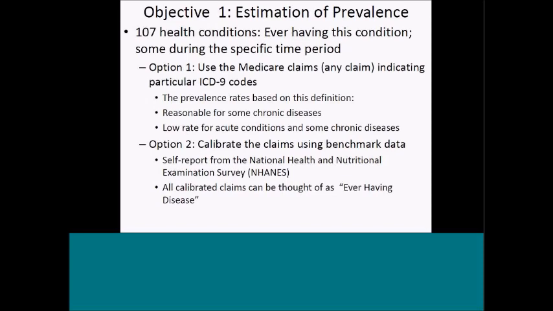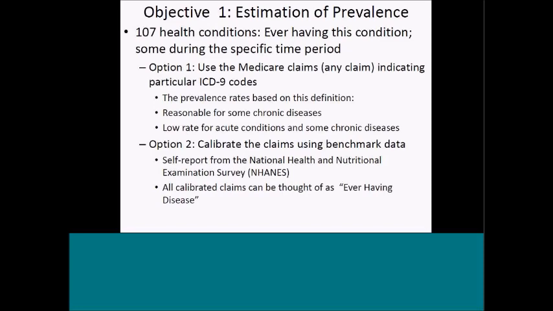We had a mapping of ICD-9 codes to those 107 disease categories, and if there is a claim for that ICD-9 code, then that dummy variable is equal to 1. The prevalence rate based on this definition seems reasonable for some chronic diseases, but very low for acute conditions. Remember, I'm looking for prevalence, that is, a person ever having that disease, rather than whether they had the disease in that year of the survey.